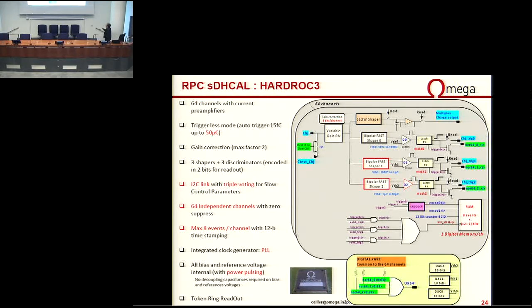You compare these shapers to 3 thresholds, and thanks to that, you have the information if there was a charge in this channel, and if yes, whether it was a weak, an average, or a big charge which was deposited in this channel.